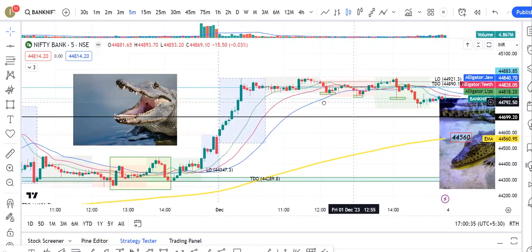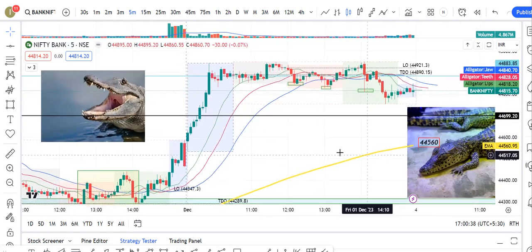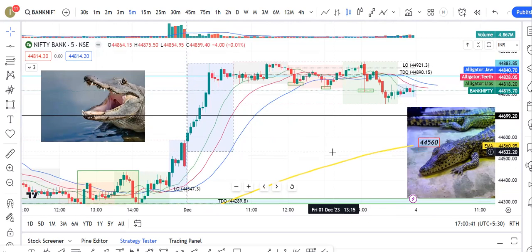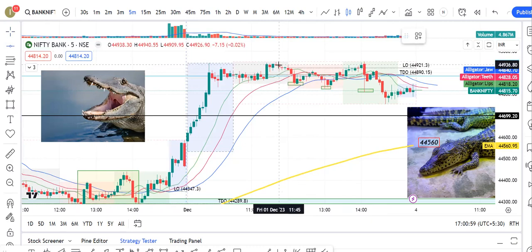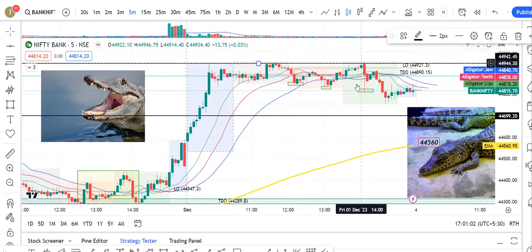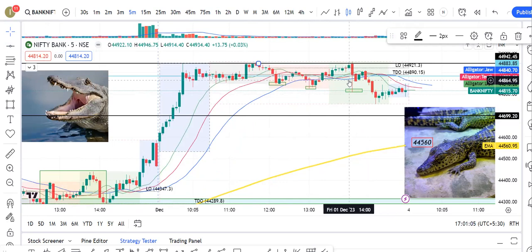If you had carefully observed the price action, you would not have made a trade, because this was actually a trap. Here, the market started making lower lows, but it came up to this. See, it made a double top in this area, and the moving averages started converging. So as an intraday trader, you should stay away from this trade.